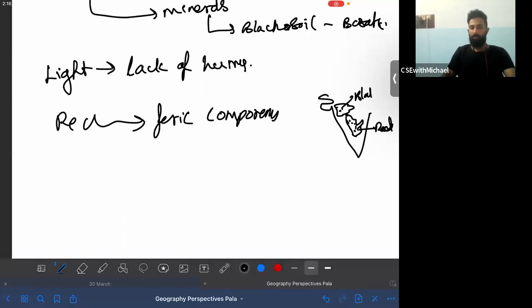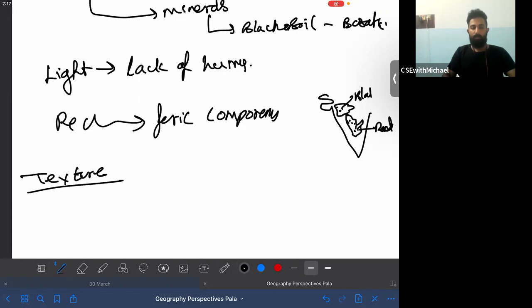The Karnataka region, the Chotanagpur region, we know, and that necessarily implies that the soil is rich in iron, and that's obviously the reason why the soil has a reddish color. So that is red.